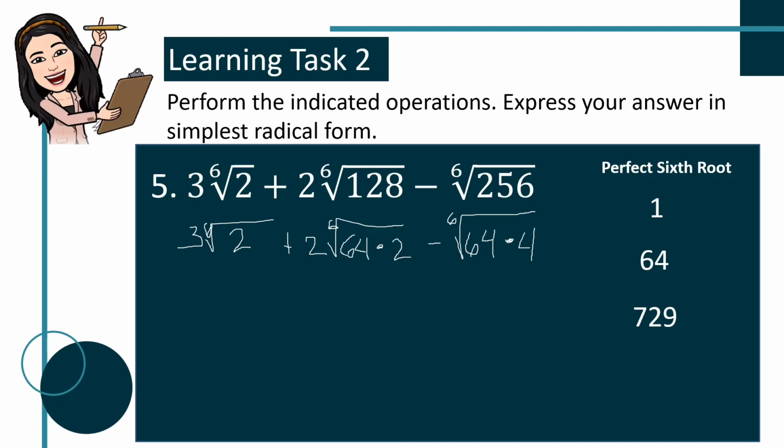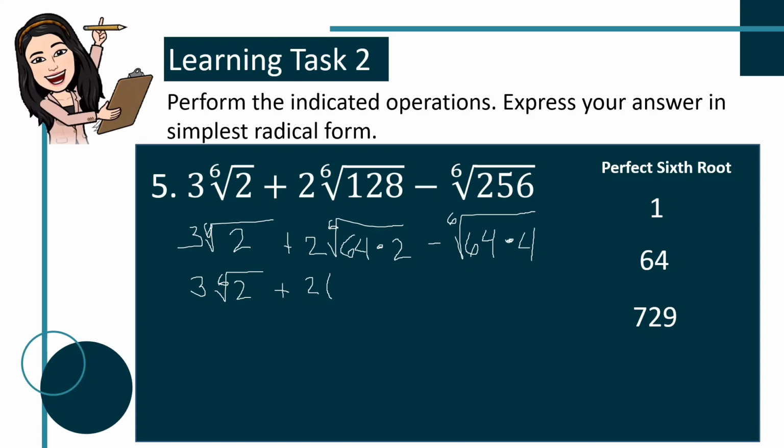Now, let us simplify by extracting the roots. Itong first term natin, kukopyahin lang natin. So, we have sixth root of 2. Pagpasensya na ulit ang sulat ni ma'am, hindi siya maganda. Now, how about 2? Kopyahin yung ating coefficient. So, sixth root of 64, pwede na natin siyang extract.